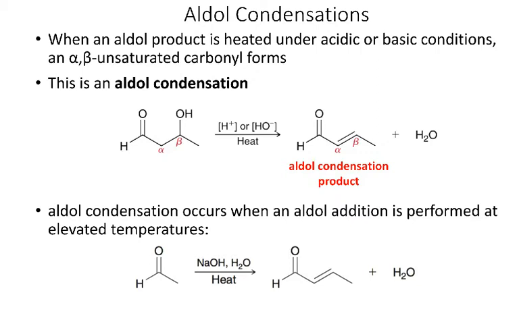Now, another reaction that can happen along with or immediately after an aldol addition is called an aldol condensation. If we heat the aldol product, we can eliminate the hydroxy group to give us an alpha-beta unsaturated carbonyl group. So we can eliminate this OH with heat, and this gives us the alpha-beta unsaturated carbonyl group.